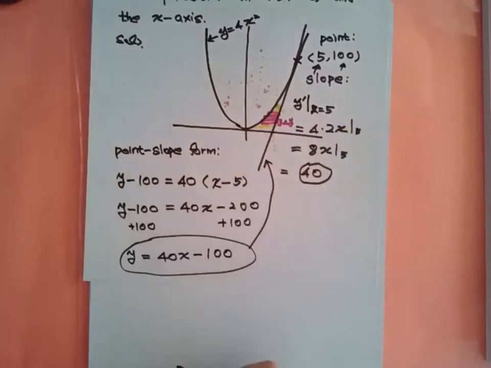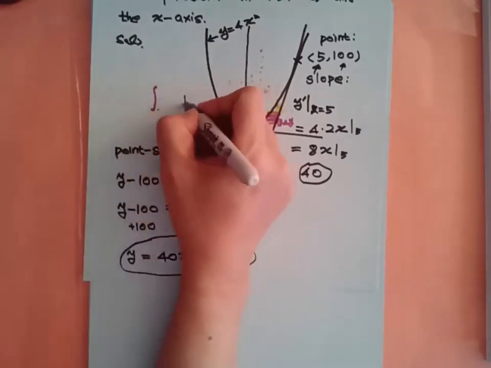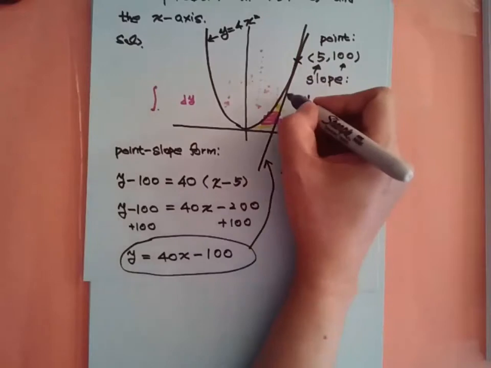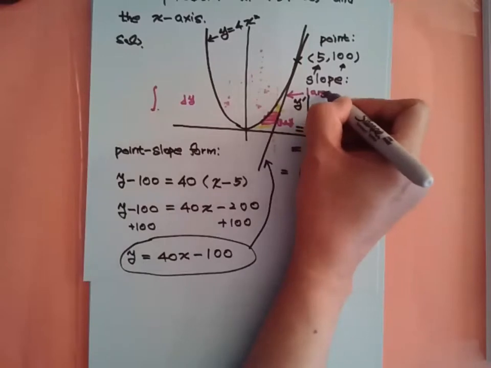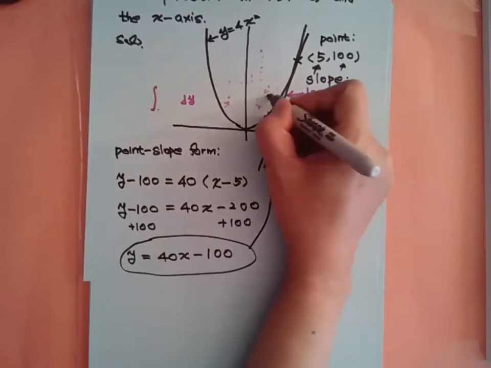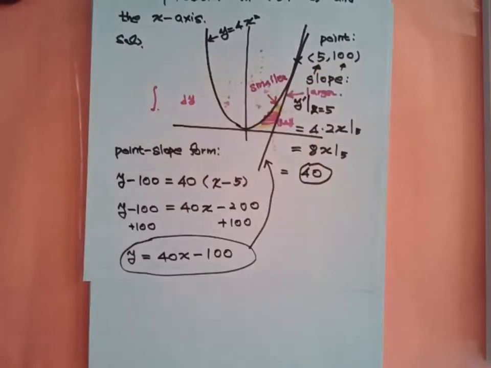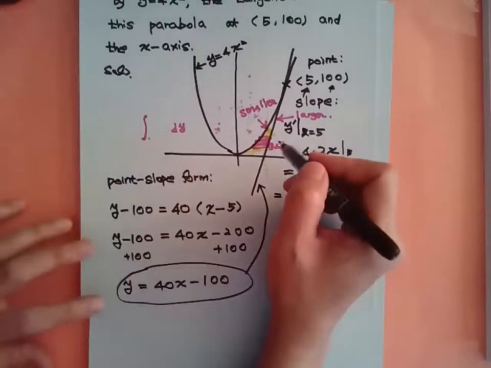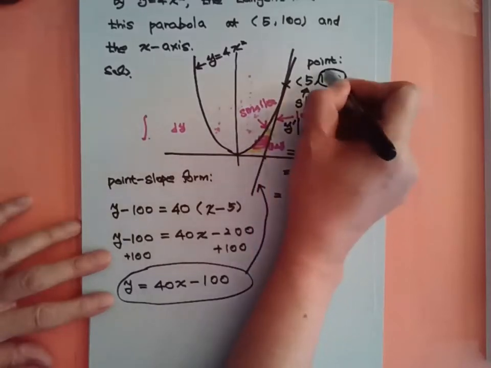So integration will be over the y value range and dy, right? And if we look at it this way, then you can see this straight line is larger because x values are larger, and this parabola is smaller. So the y value ranges from 0 to 100 because this is given.